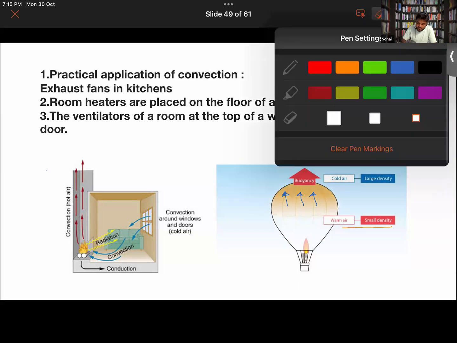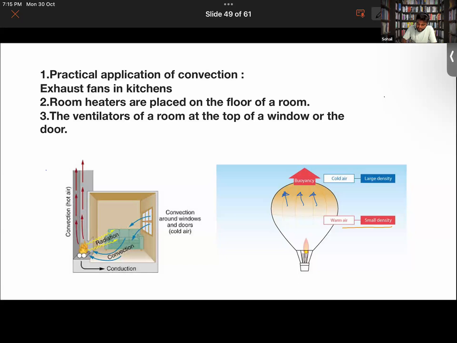Suppose you have placed a room heater over here. Say this is a room heater. So the air molecules that are close to the room heater will start to rise up.